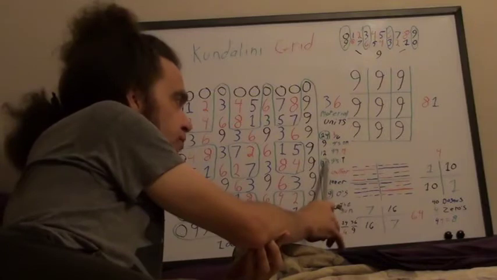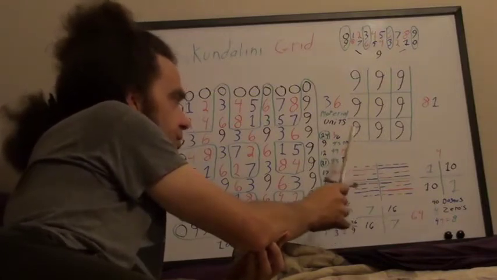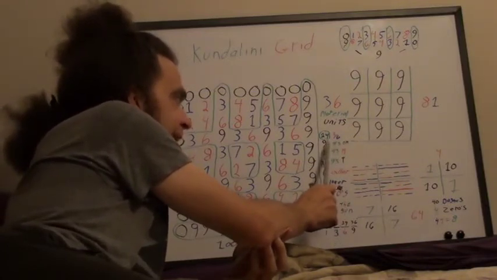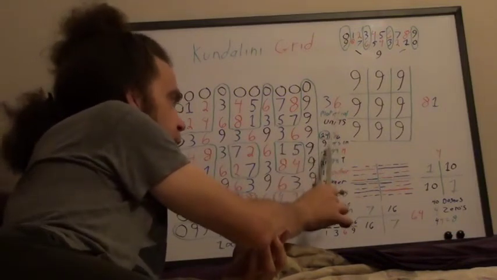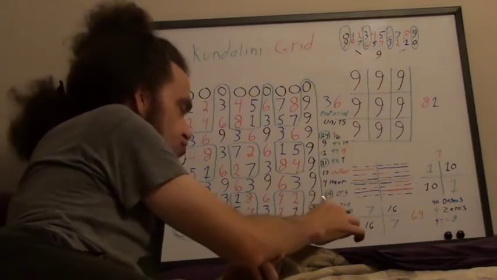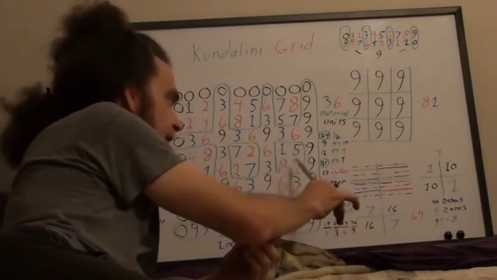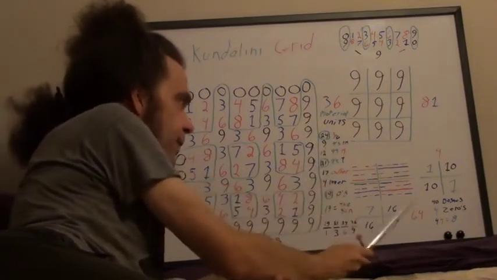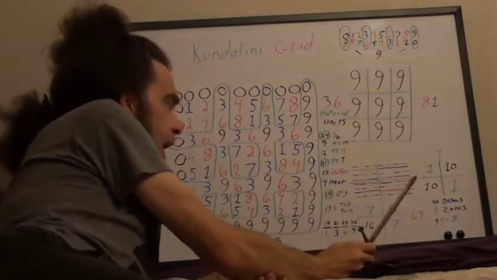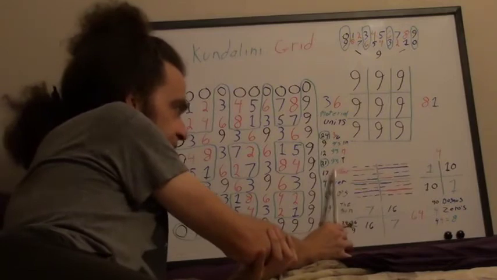There is a total of 21 nines, but there's 9 nines that are actually on the grid, and there's 12 more 9s that are on material rows. So meaning any row that has a material number has a 9 associated with it, and there's 12 of those. And now of those 21 nines, there's 17 outer.